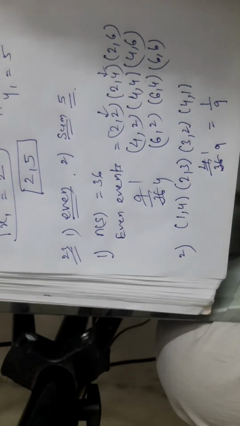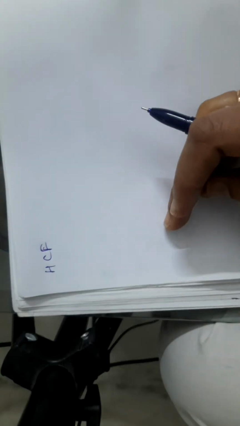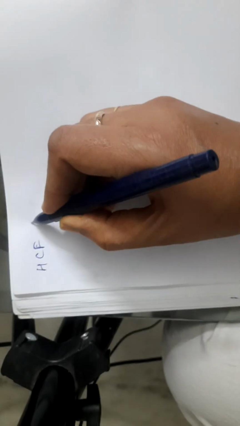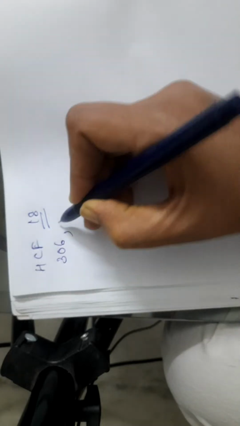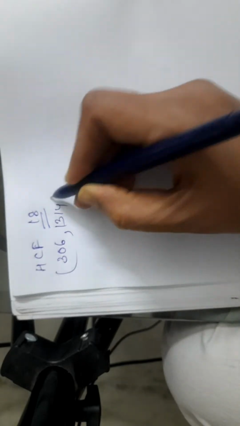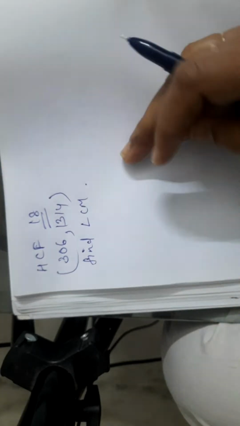Now let's move on to the next question. Here it is given, the HCF of two numbers is 18 and the numbers are 306 and 1314. Find the LCM.